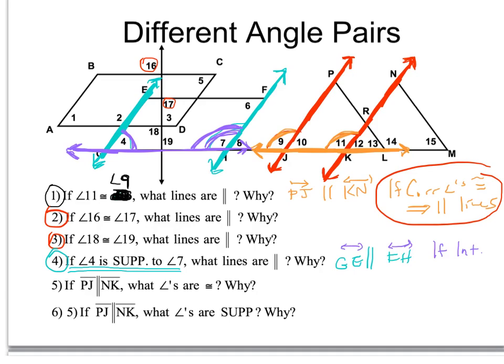So if interior angles on same side of transversal are supplementary, then we have parallel lines. We also had a theorem that said if exterior angles on same side of transversal are supplementary, we have parallel lines. A lot of mistakes on that on the past test and quizzes.